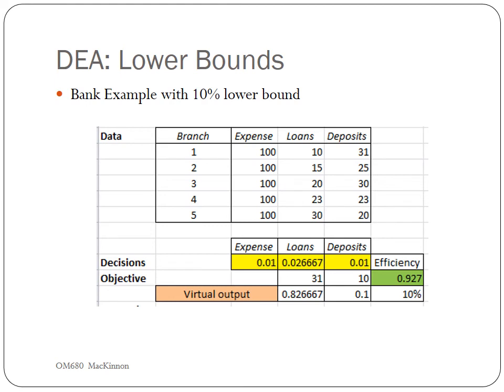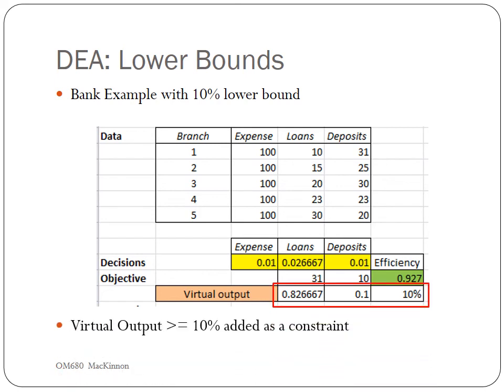So here we have our bank example with a 10% lower bound on the outputs. What that means is we do not find it acceptable to calculate efficiencies if it means ignoring one of our outputs, loans or deposits. So we create the virtual output.